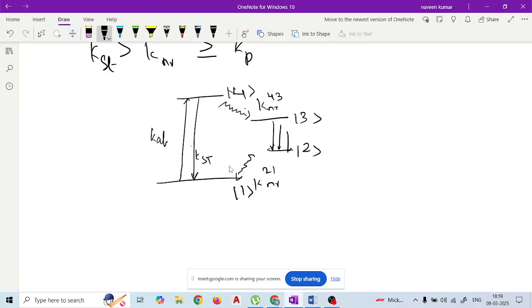There is no light matching this energy available in the system. So by non-radiative decay, we are feeding the higher level of the lasing electronic states. As a result we will have the lasing action between 4 and 3, with stimulated emissions, and a non-radiative decay between 2 and 1 also.